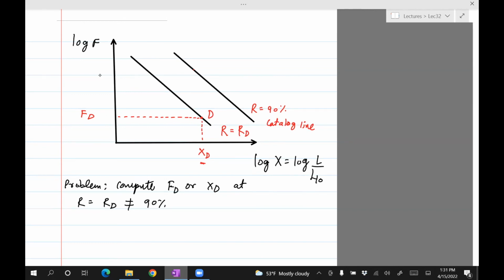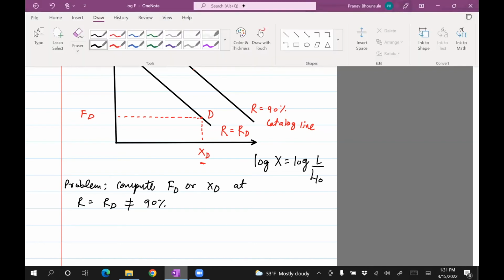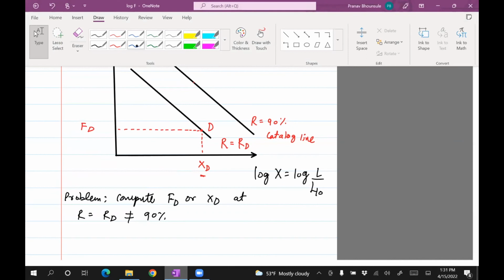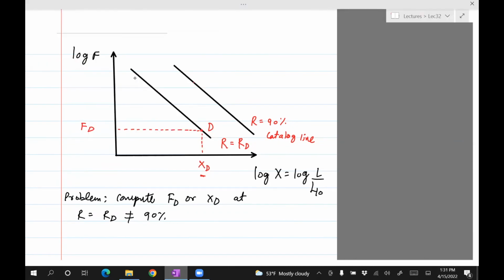However, we do have the catalog rating because we have the manuals for the bearings, and that line is the other black line at 90%. So we know, let's say, one point on this line, drawn in blue, is this point, and that is something which we know the value of because this is a catalog line.